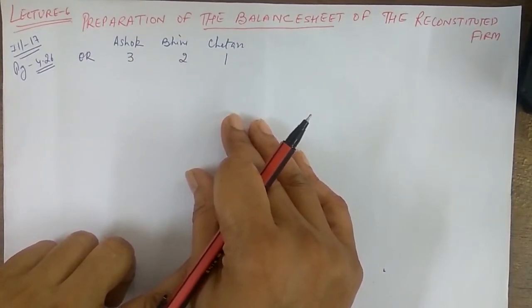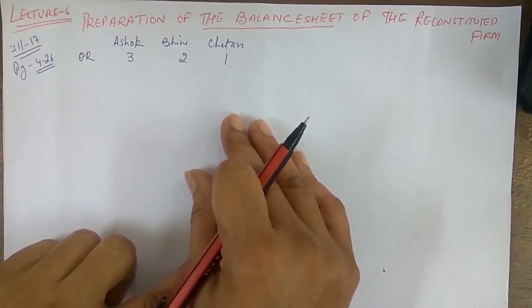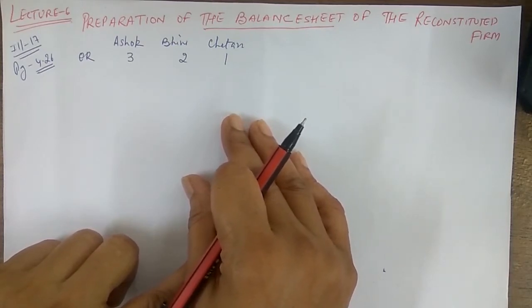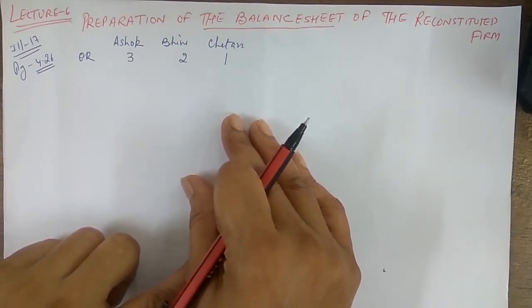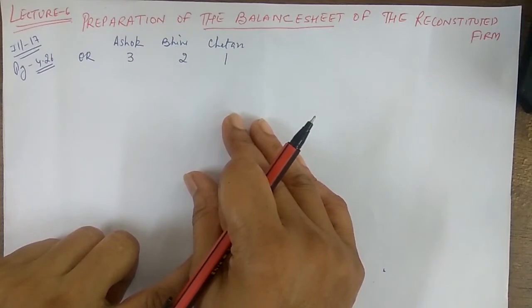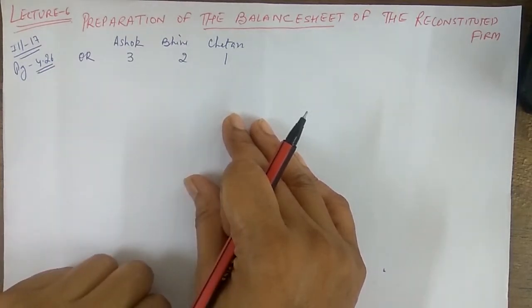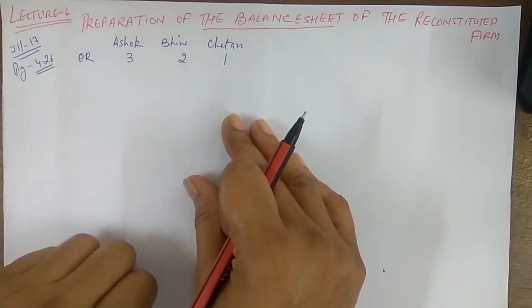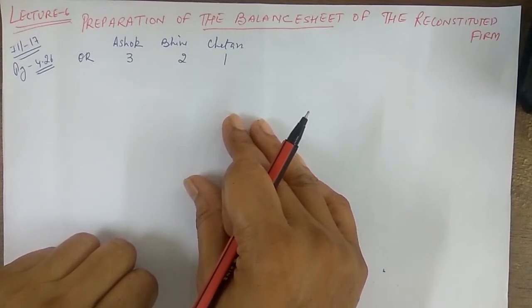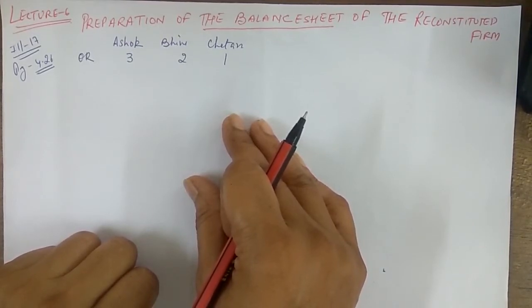In the balance sheet you can see what is given. On the liability side we have creditors, bills payable, general reserve. We know that when general reserve is given in the balance sheet, there are two ways of treatment. If nothing is mentioned about the treatment of general reserve, all the general reserve existing in the balance sheet on the liability side should be divided among the existing partners in their old profit sharing ratio.